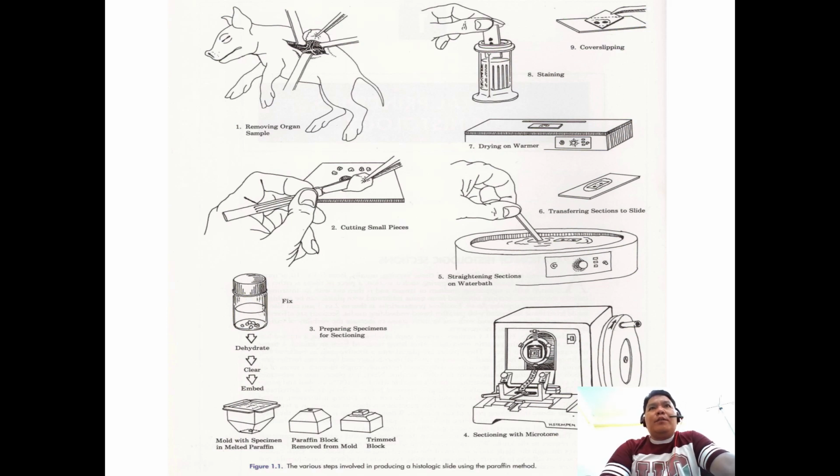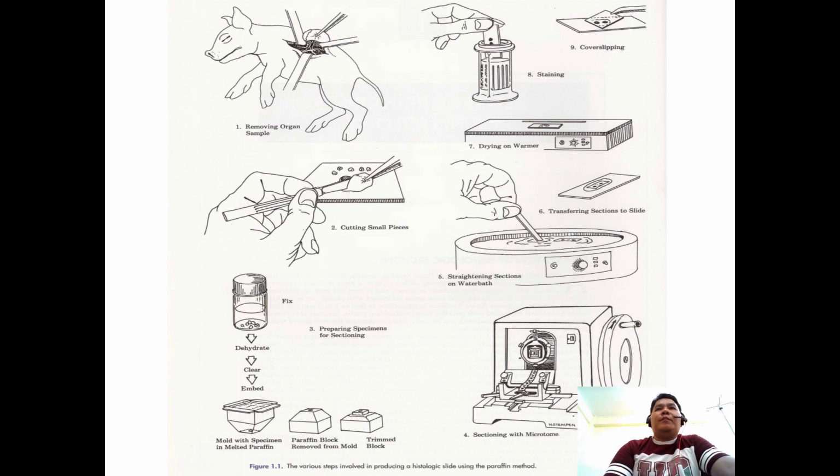In histopathology, first, you have to get a tissue or sample from the lesions of the animal that you examine, from the gross lesions. First, you get the gross lesion and then remove it.